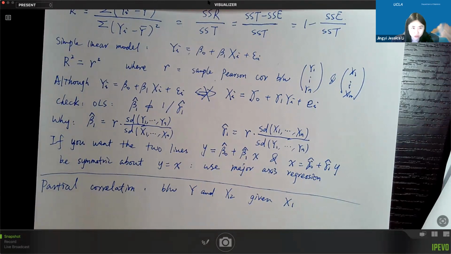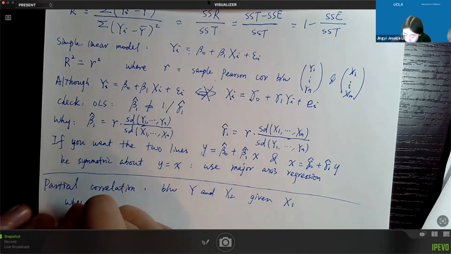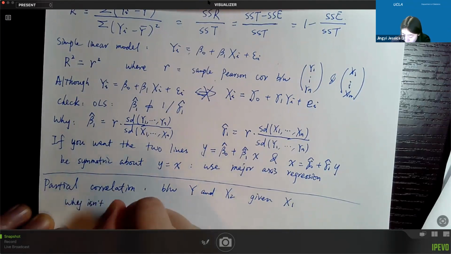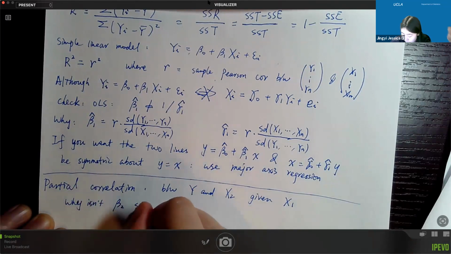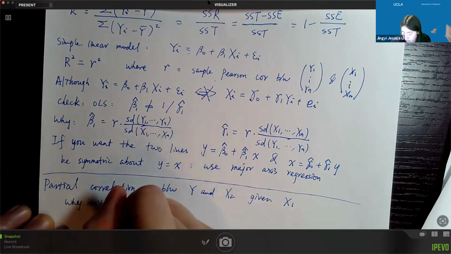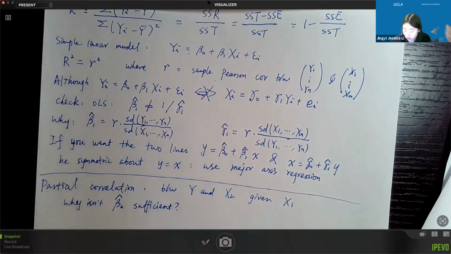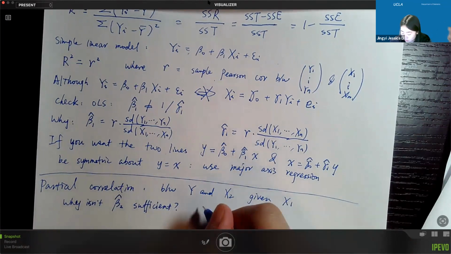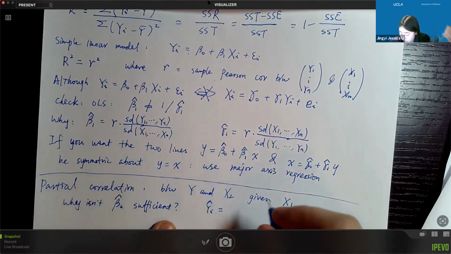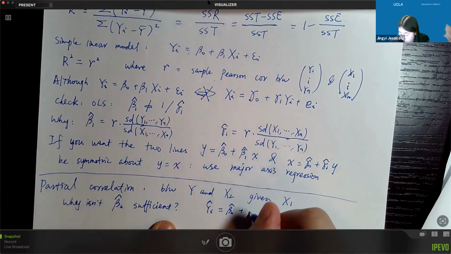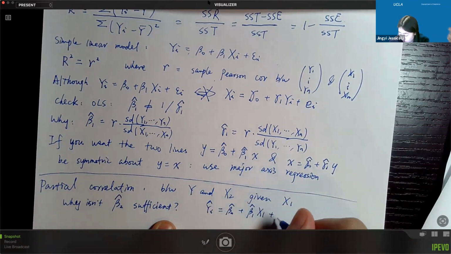But you may wonder, why do I need this? Why can't I just use beta 2? Why isn't beta 2 hat sufficient? Let's say you fit a model, so here, let me put it here so it's clear to you: y hat is beta 0 hat plus beta 1 hat x1 plus beta 2 hat x2.